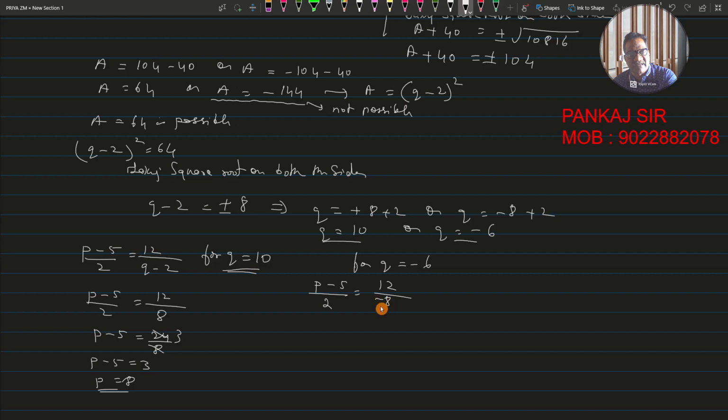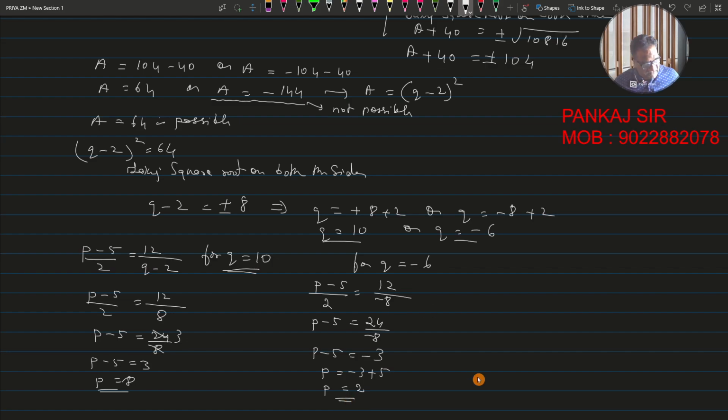So p minus 5 equals 24 upon minus 8. So p minus 5 will be equal to minus 3. So my p will be equal to minus 3 plus 5, so p will be equal to 2. Right? So I am getting the value of p as 2 when q is equal to minus 6.